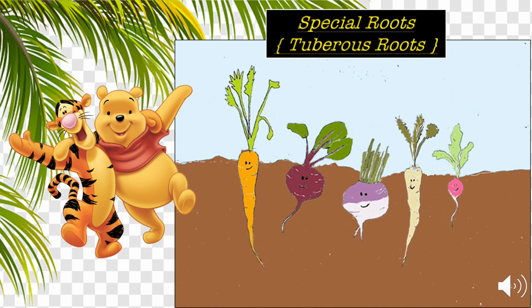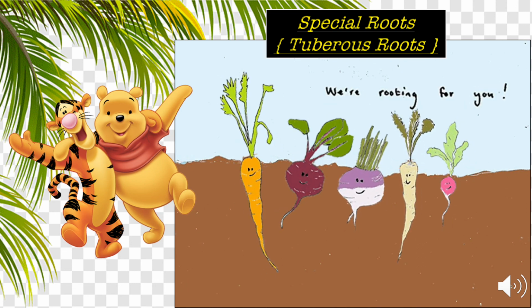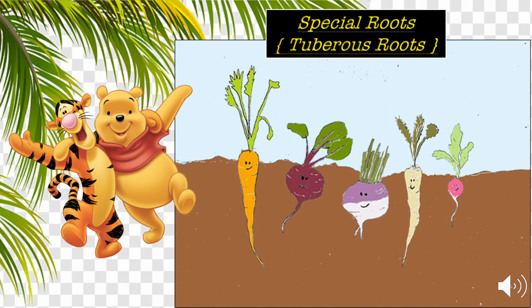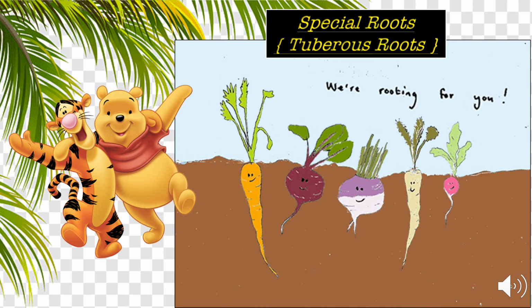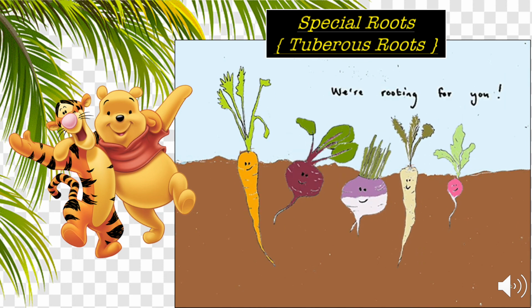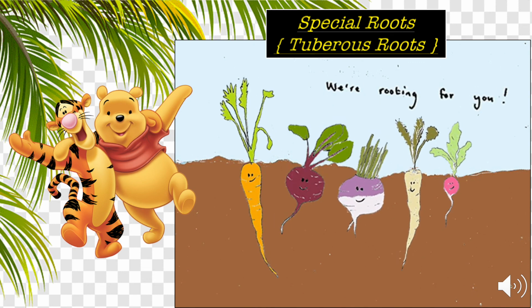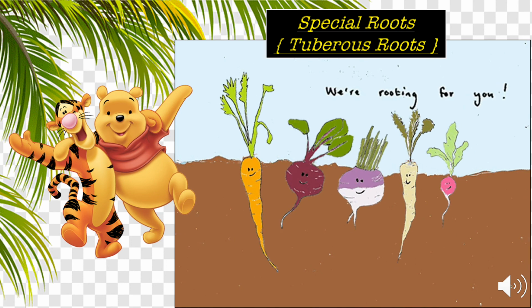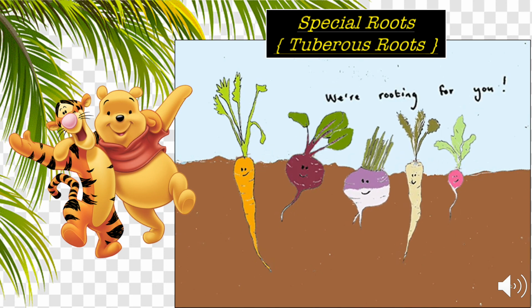These are called tuberous roots. A tuberous root is an enlarged fleshy root modified as a storage organ with shoots produced at one end and roots produced at the other. Examples are here in front of you.